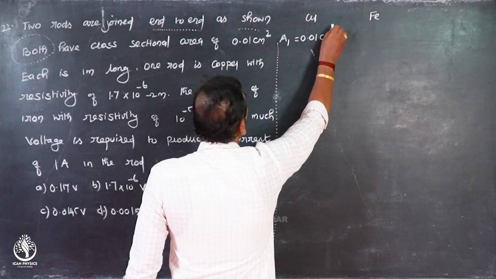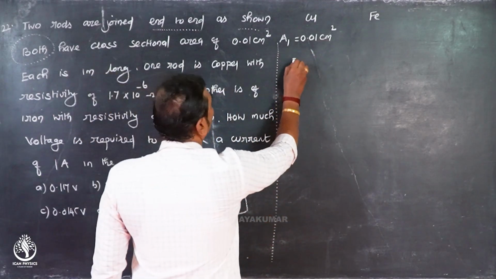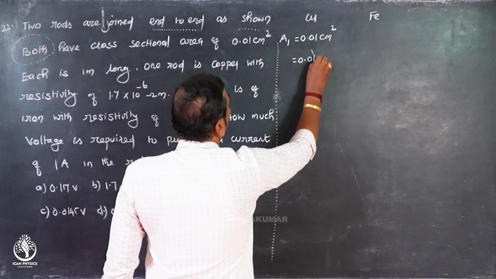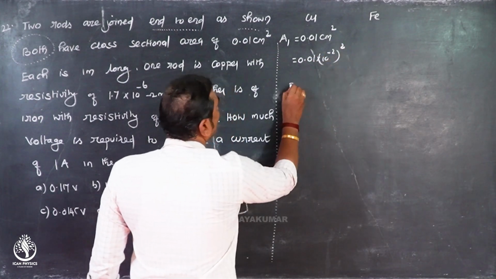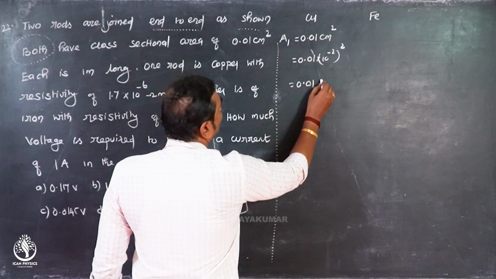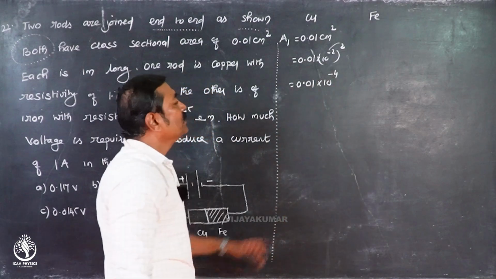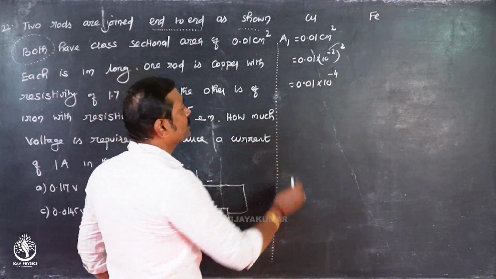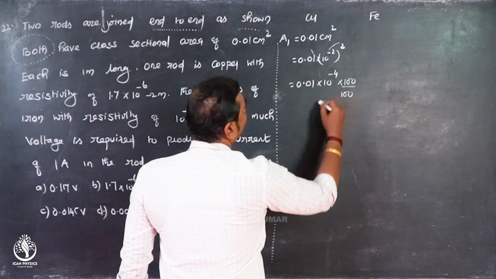0.01 centimeter square. Now convert the centimeter into meter. So 0.01 into 10 to the power minus 2, the whole square. So 0.01 into 10 to the power minus 4. I want to make it as a whole number, so it is multiplied by 100 and divided by 100.